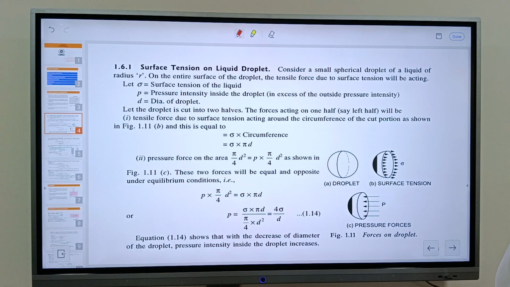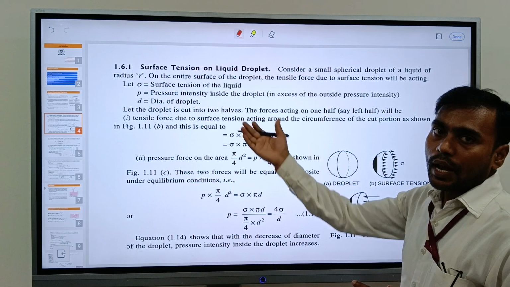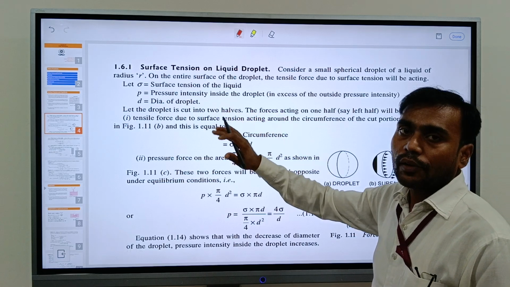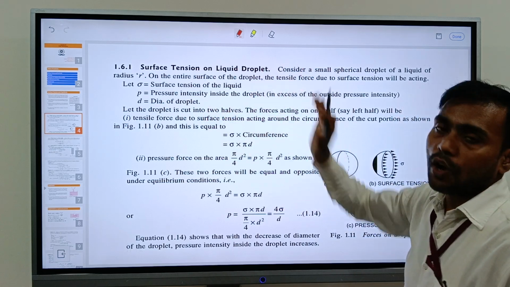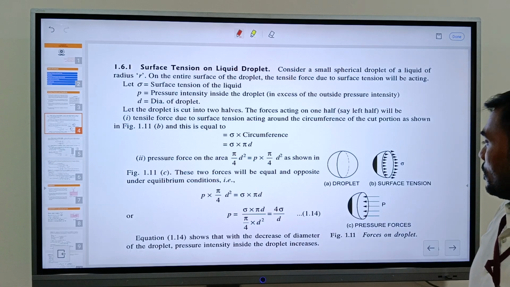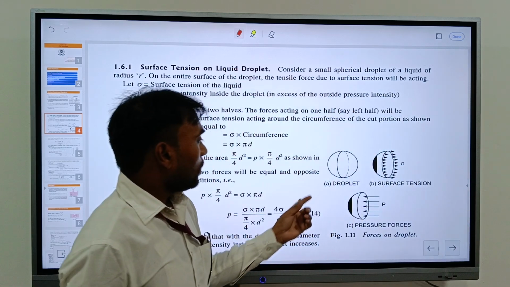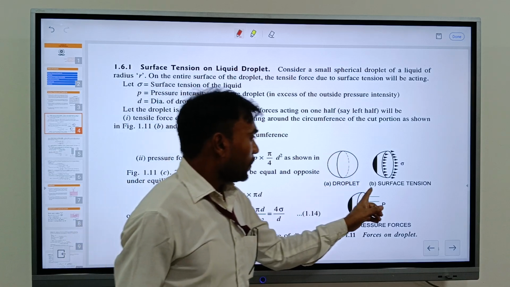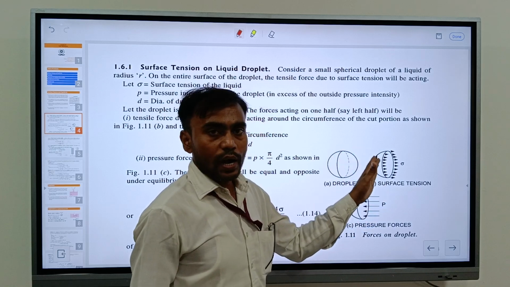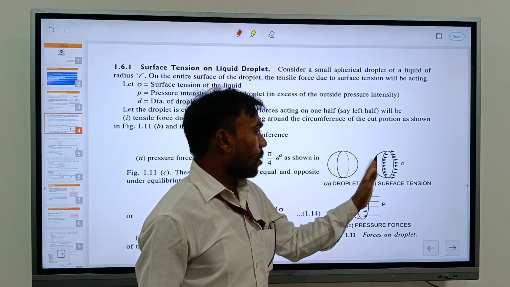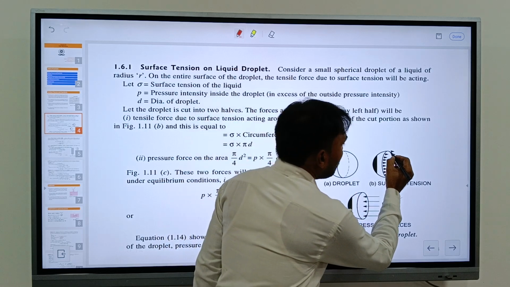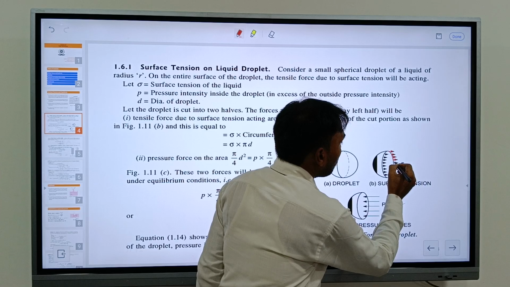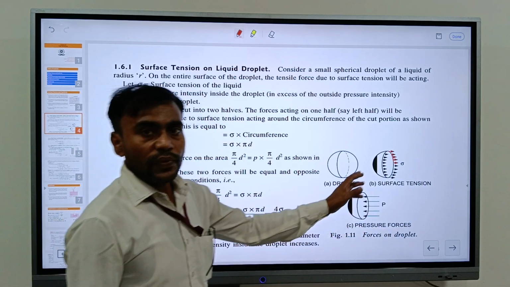Now in this slide we will develop the calculation of surface tension on a liquid droplet. Suppose in this figure this is a liquid droplet, and figure B shows the half part of this liquid droplet, and this direction of forces represents the surface tension.